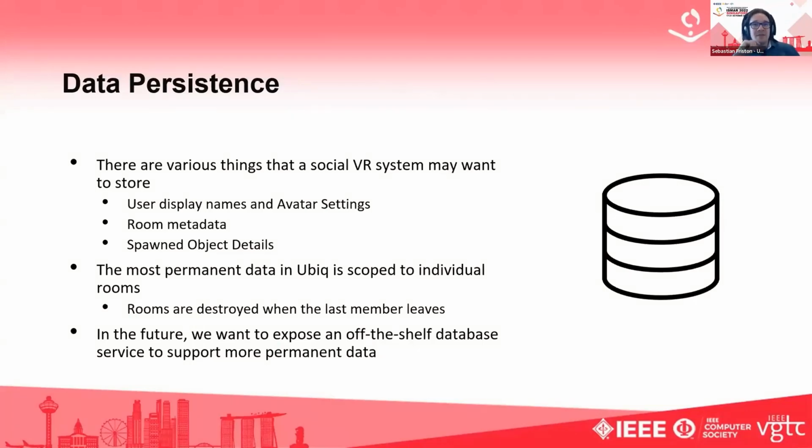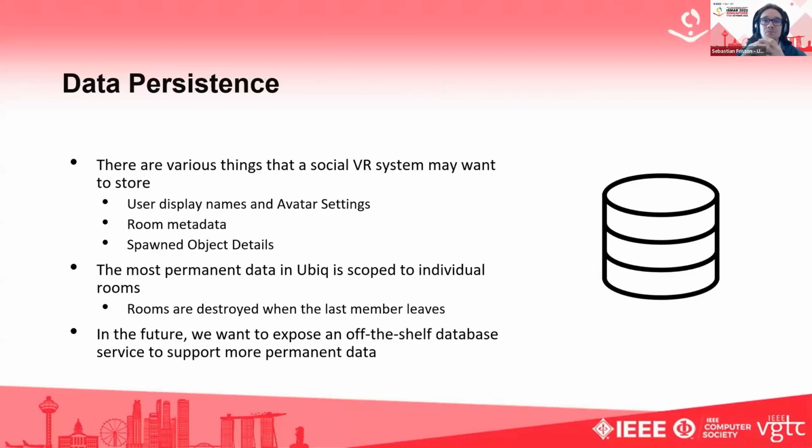One of the other things I expect we might get a few questions about is data persistence. Things in a social VR system that you can imagine should be stored semi-permanently, such as user details, names, avatar skins, that kind of thing, spawned object data, locations and other properties, room metadata perhaps.